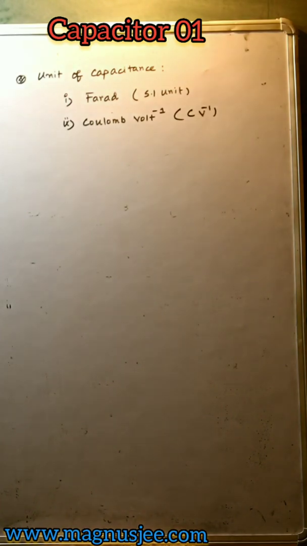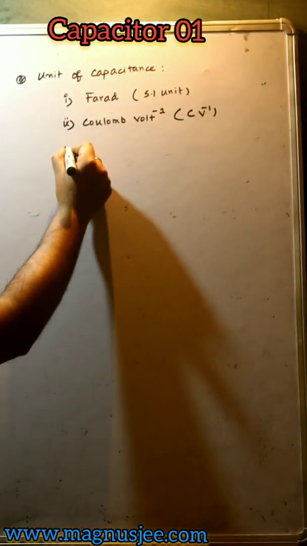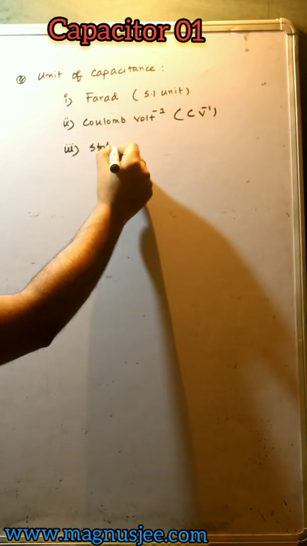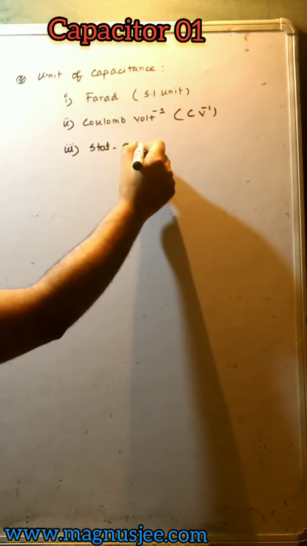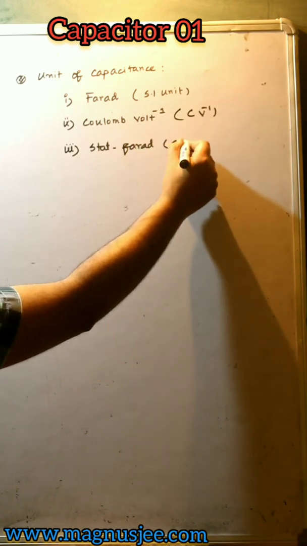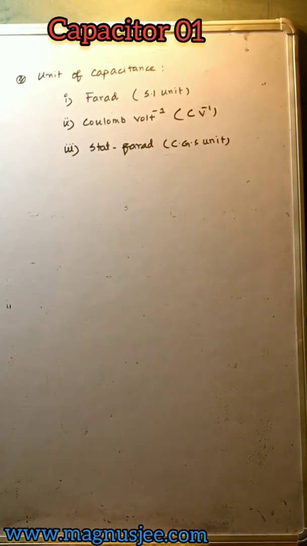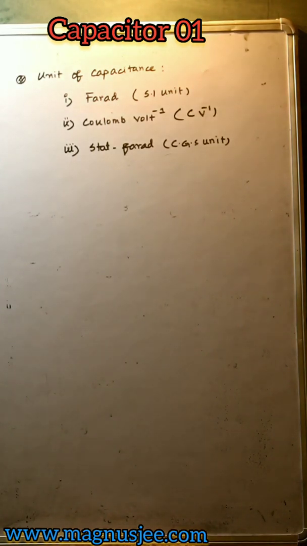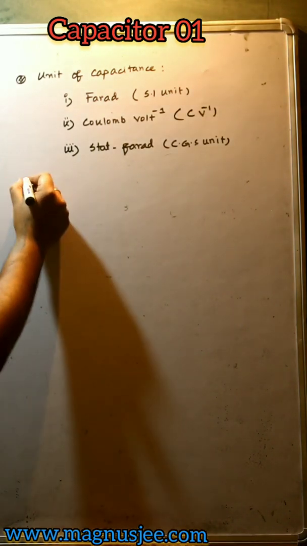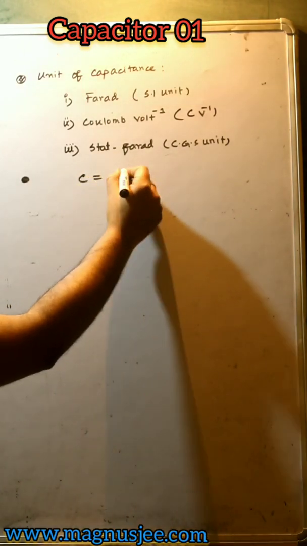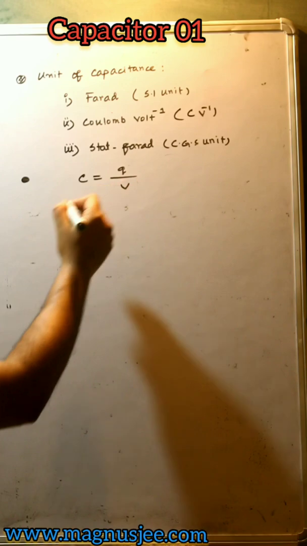Number 2 is stat farad, which is the CGS unit. And we know that capacitance of a conductor is the ratio of charge divided by potential difference.